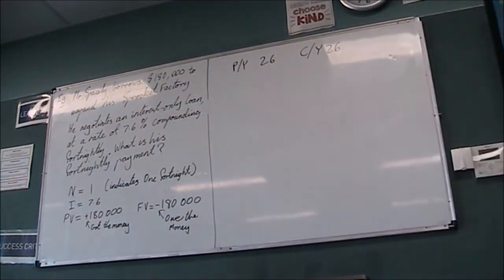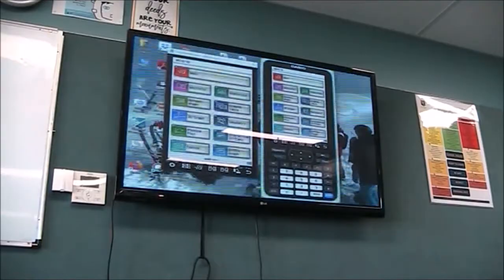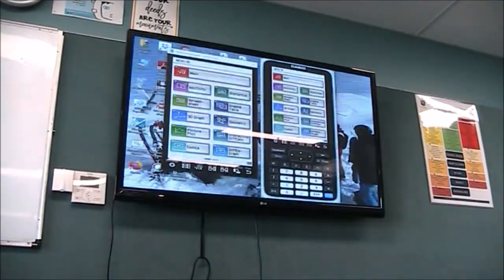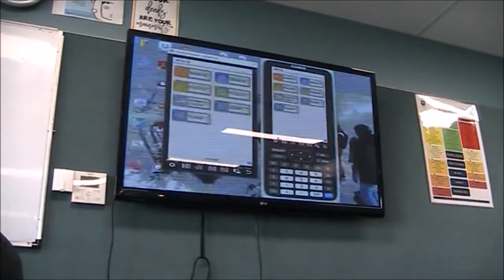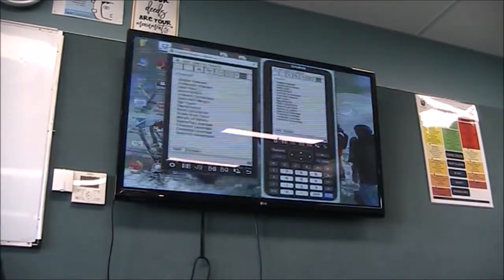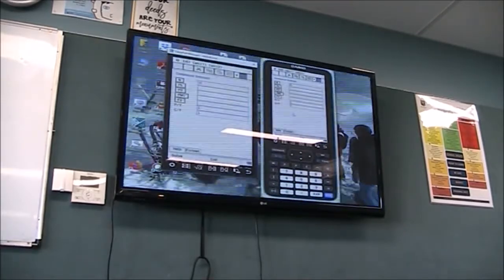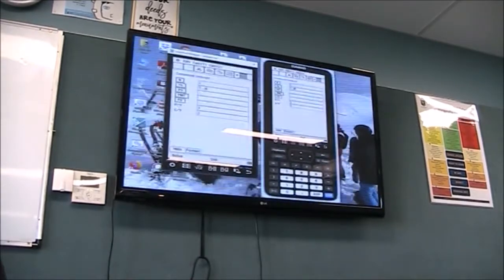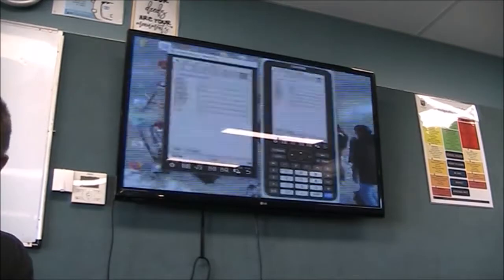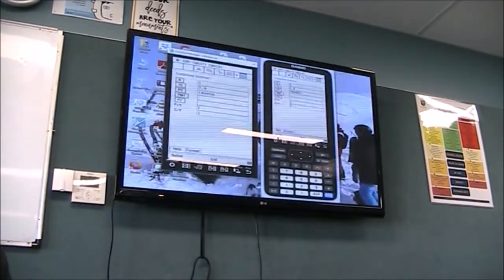So then we go to our calculator, and to our financial, compound interest. Number of fortnights I'm interested in is 1, 7.6%. Mr. Spacely's got 180,000 from the bank.